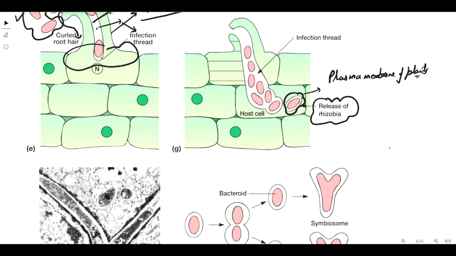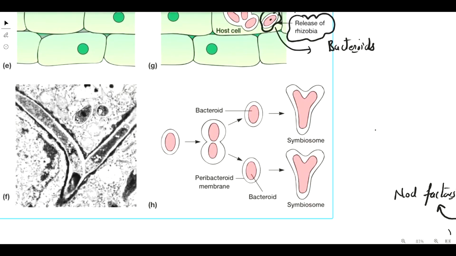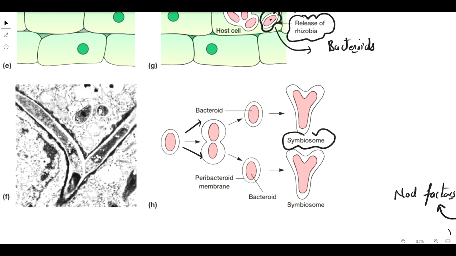As you can see here, inside is the rhizobia bacterium, and outside is the plasma membrane of the plant, and together they are known as bacteroids. As rhizobia release, it starts to divide, and as it divides, it takes a structure known as symbiosome, and these symbiosomes are finally your nitrogen fixing sites.